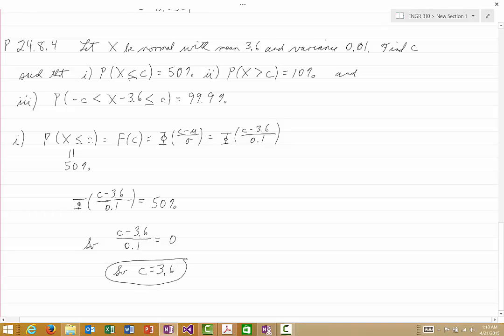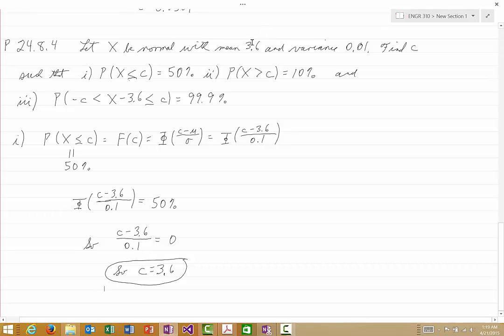And actually, this is definitely correct. In fact, if you're somewhat familiar with the normal distribution already, you might have known the answer already, because the mean value of this normal distribution is 3.6, which means that half the time the random variable will have a value less than 3.6, and half the time it will have a value greater than 3.6.